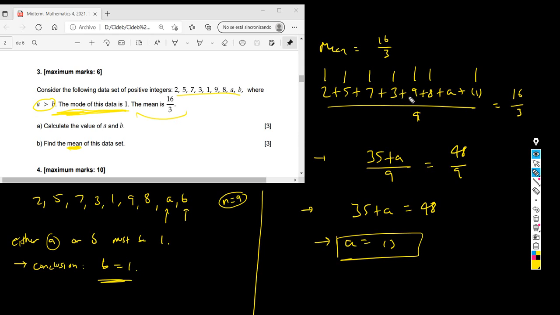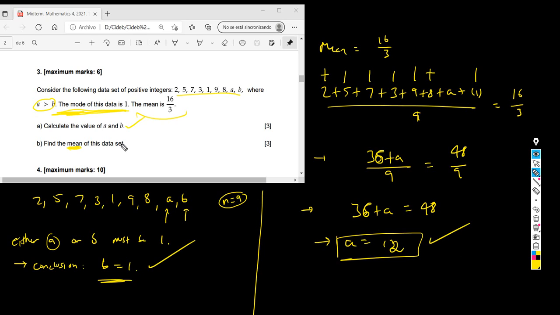I think I did the whole arithmetic correct. 2 plus 8, that's 10. I forgot a 1. So this is 36, and then this is 12. Yes, I knew I was making a mistake. So that's it. This is B, this is A, and that solves the first question.